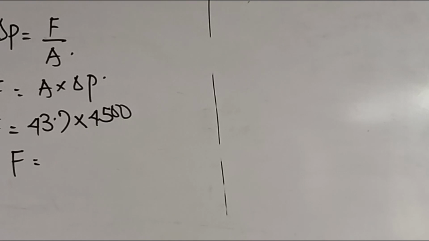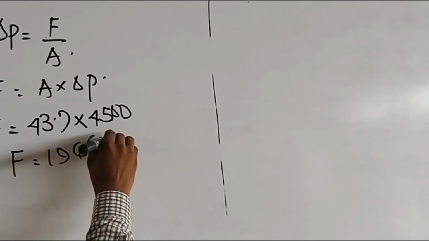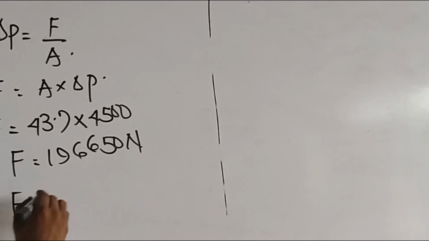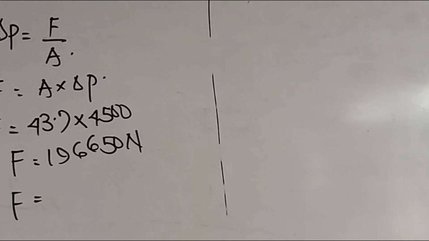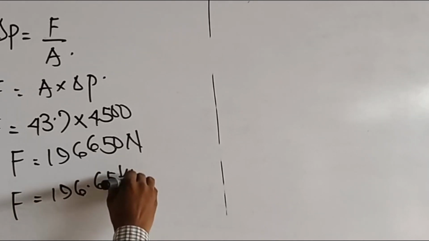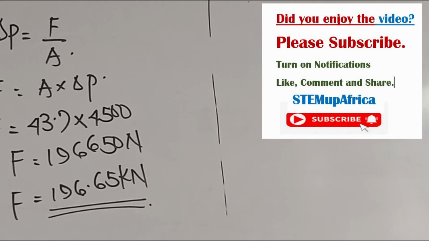So 43.7 times 4,500 will give us 196,650 Newton. Like I said, converting to kilonewton, nothing will affect the solution. So if I convert to kilonewton, I divide by 1,000. 196,650 divided by 1,000 gives us 196.65 kilonewton. So that is the value of the force that the water will exert on the metal plate.